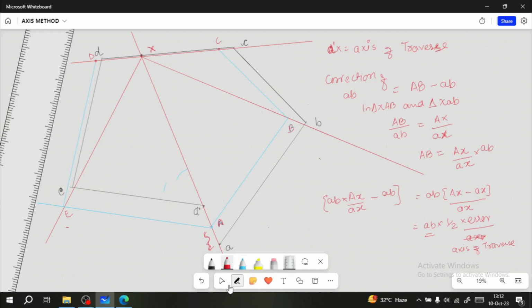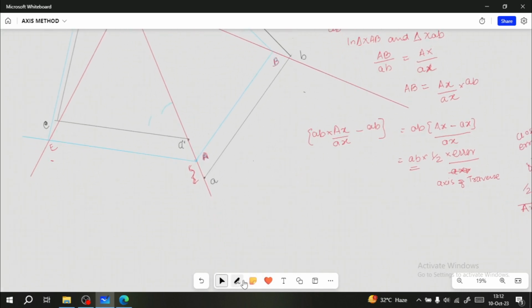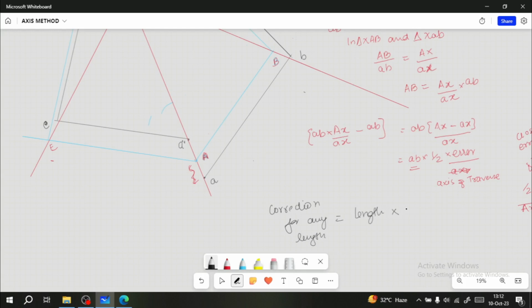Let me write it down clearly over here. The correction for any length will be equal to that length multiplied by half of the error, divided by the axis of traverse.